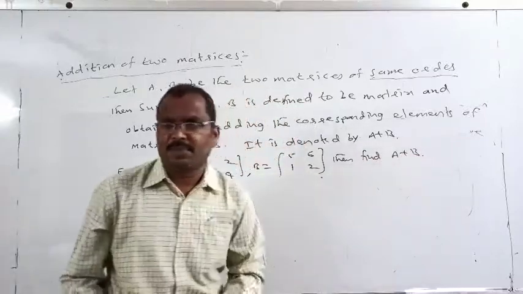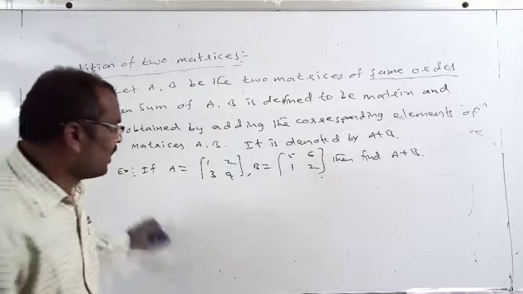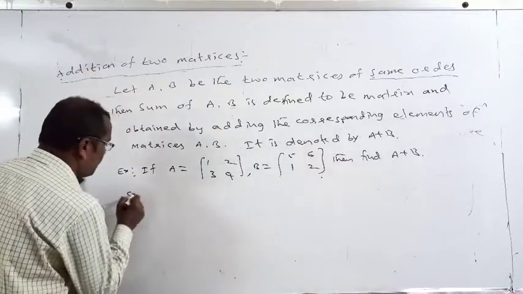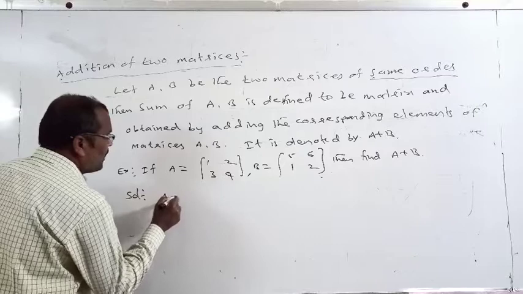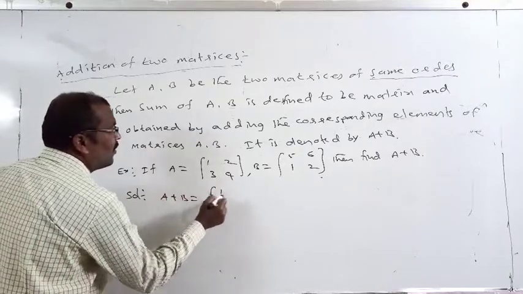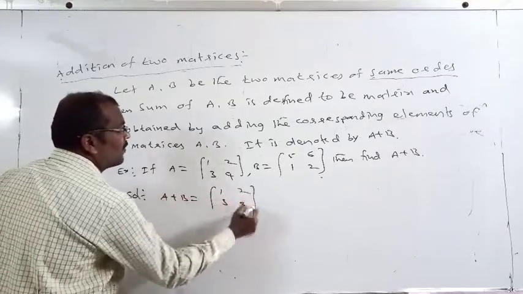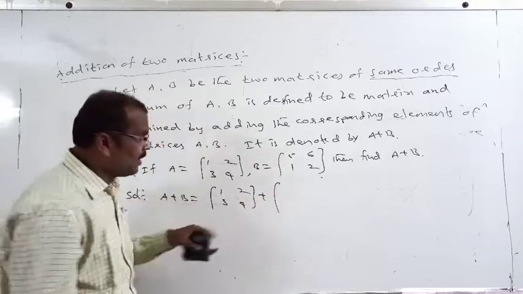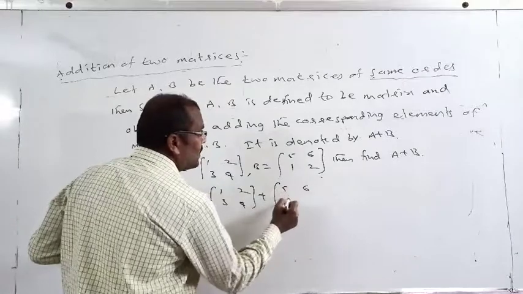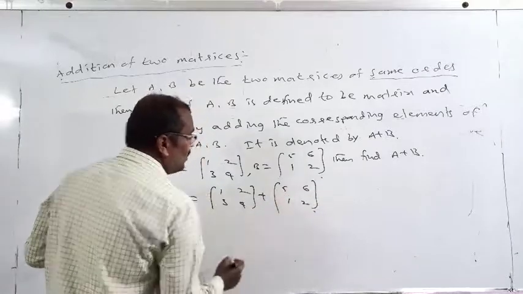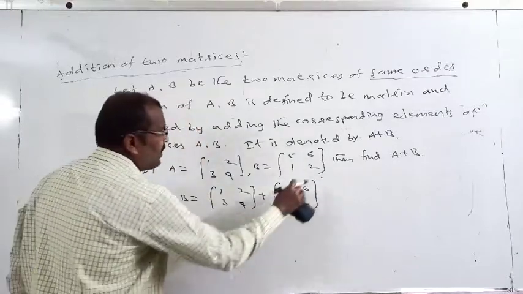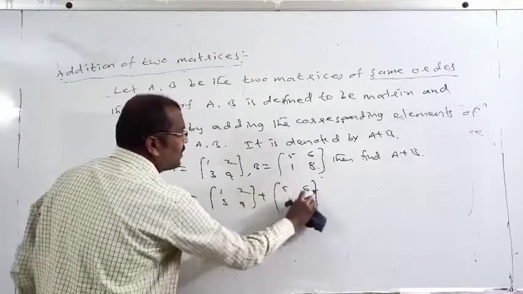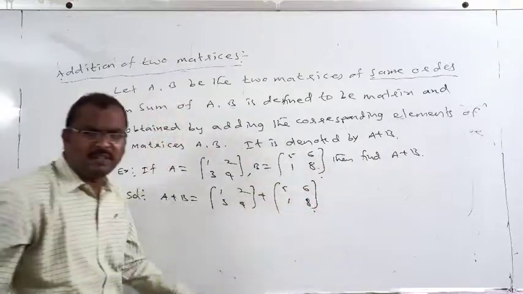Add the two matrices. So now I am doing the solution. A plus B is equal to 1, 2, 3, 4 plus B, substituting A and B now: 5, 6, 1, 2, and here you may write any one number, for example 8.